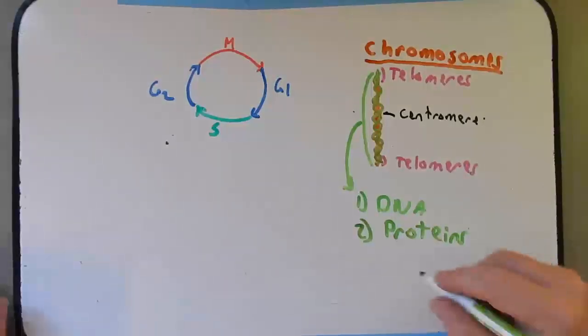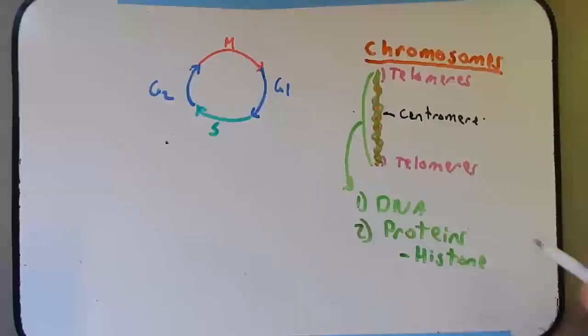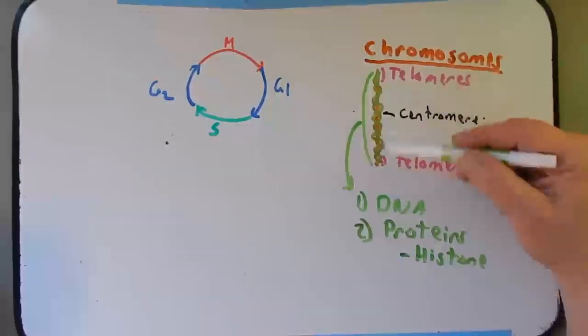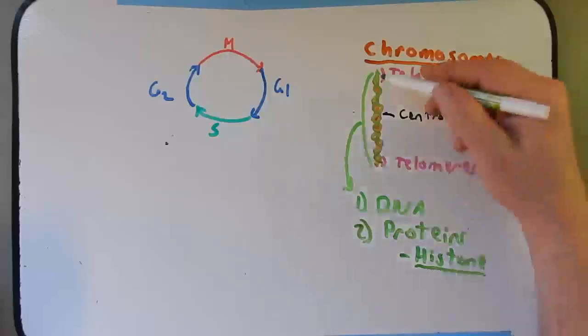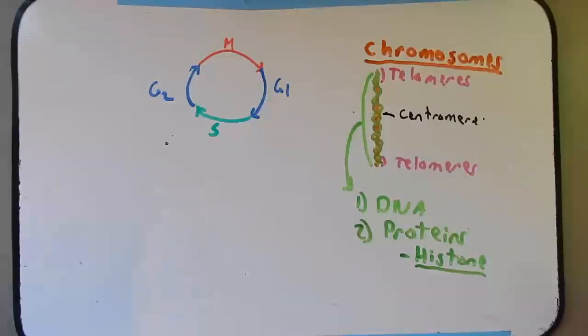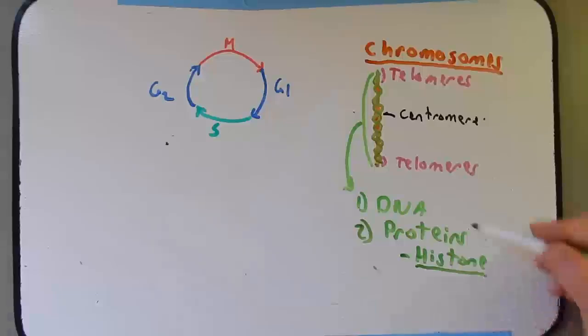There are lots of proteins involved here, but I would like you to know the word histone. There are lots of different histones that can hold this DNA together, but I just want you to know the word histone as being one of these proteins necessary to hold or compact the DNA. You'll learn more about histones when you take genetics, and how they're important in regulating which genes get turned on. These are the two main parts of the chromosome.